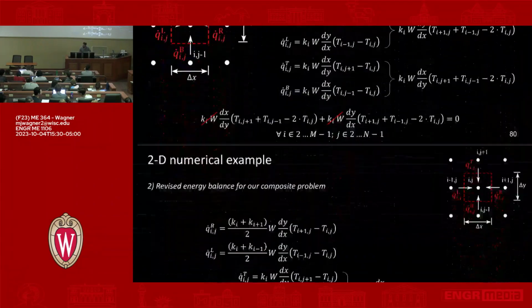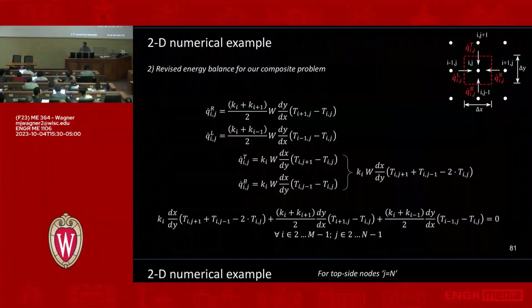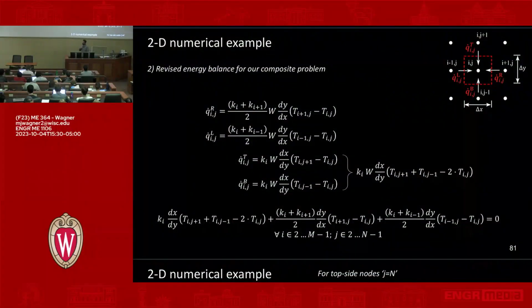Now if we go to the next, this is a revised energy balance for our composite problem. So how does the solution change? Well, first of all, we need to account for the fact that conductivity might change node to node. It doesn't necessarily, but in this problem, there's a place where it does. So we have to look at the boundary between the 2 nodes and agree on a conductivity at that position.